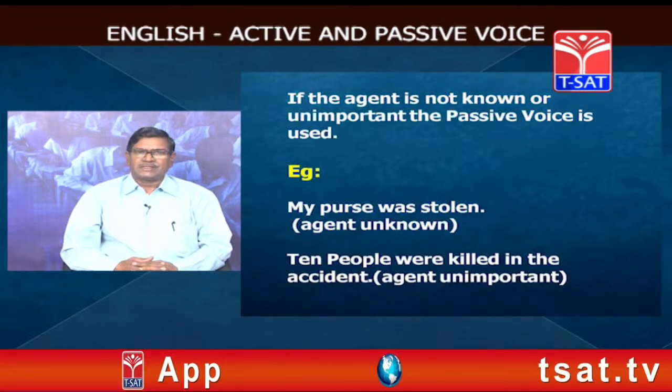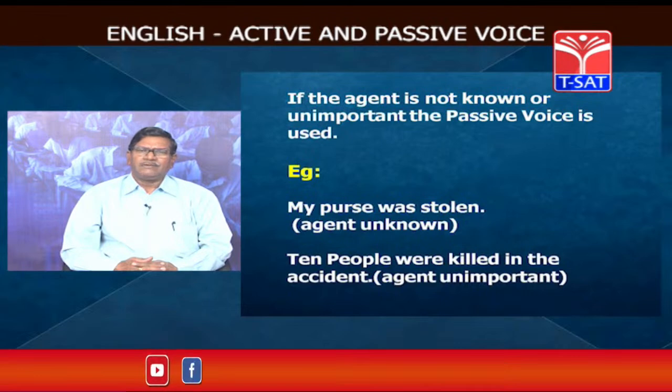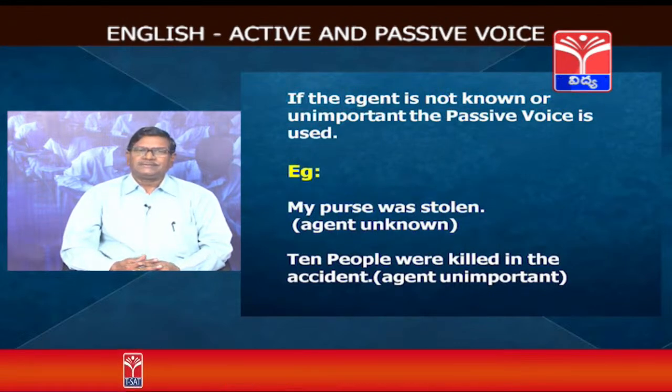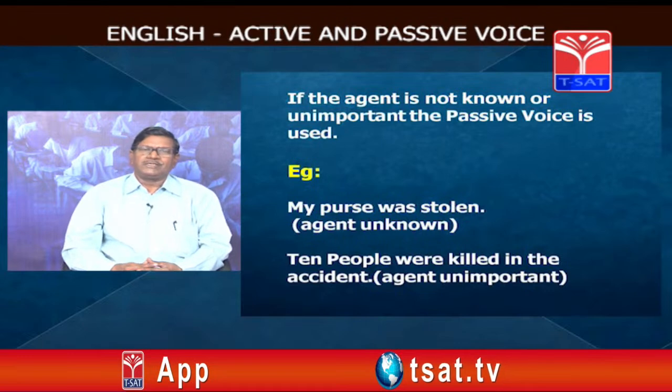For instance, my purse was stolen. Somebody, we do not know who stole it. What is lost? The purse. The agent here is unknown. My purse was stolen. So, here the sentence is used in passive voice.